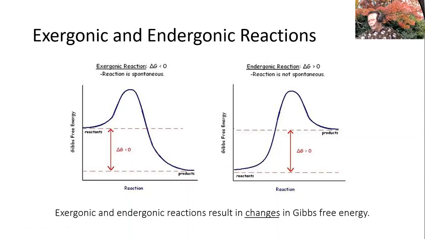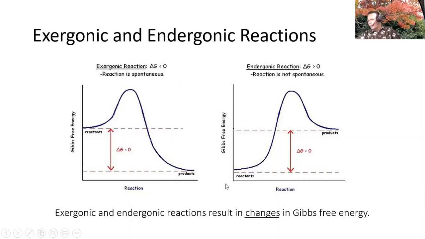less than 0. In this case, the exergonic reaction is spontaneous. Again, delta G is less than 0. For an endergonic reaction, the reaction is not spontaneous. Why is it not spontaneous?